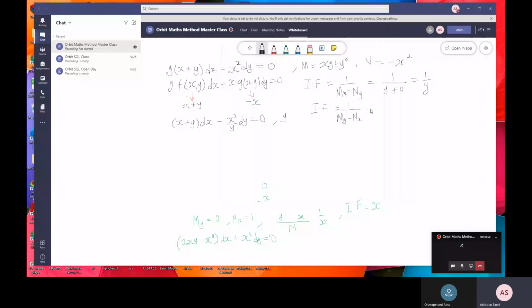So that would be equals to 1 over x plus 2y minus 2x, right? That would be equal to 1 over 2y minus x.